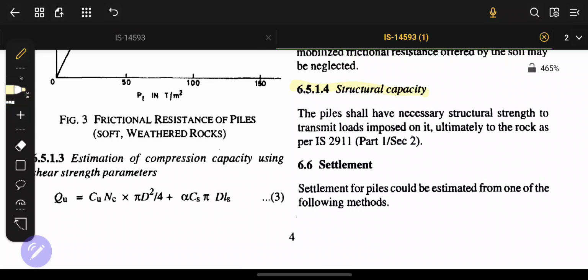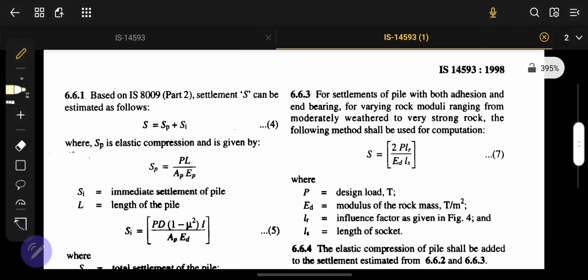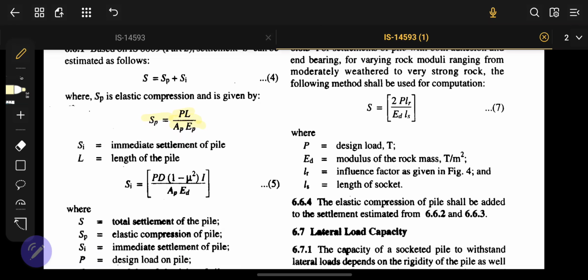The pile shall have necessary structural strength to transmit loads imposed on it ultimately to the rock as per IS 2911 part 1 section 2. This we have already covered. Settlement for the piles could be estimated from one of the following methods. So there is the elastic settlement, delta equal to PL by AE, everybody knows. And then we have immediate settlement, which comes from this formula.